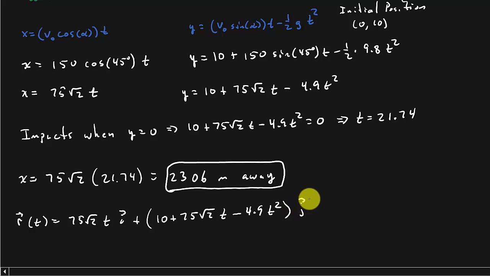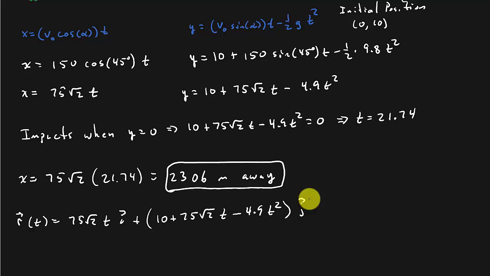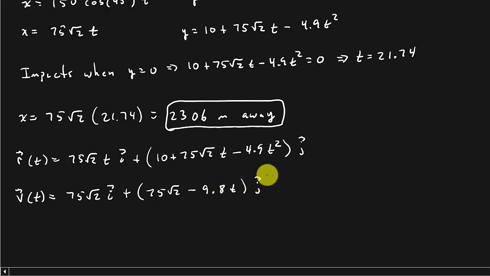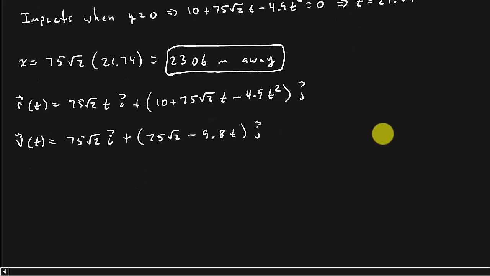So there's our position vector. What do we need? We need the velocity vector, which is just the derivative of this. So that's 75 square root of 2 times vector i plus 75 square root of 2 minus 9.8t times vector j.